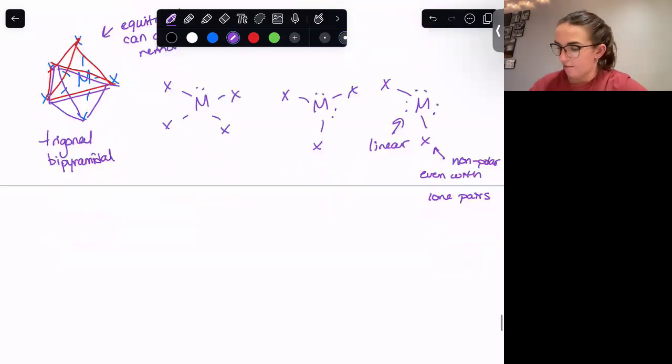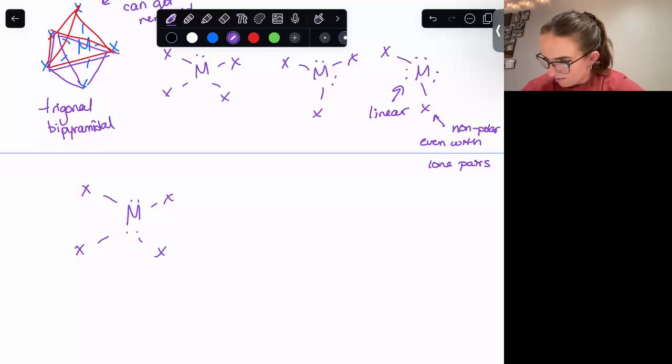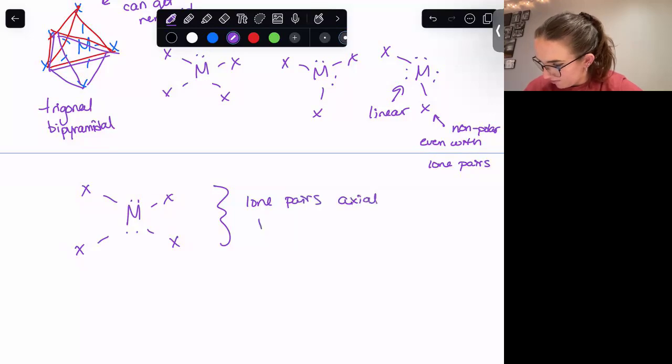And then the only other time that happens is if you have octahedral. Here you have lone pairs axial and bonds equatorial.